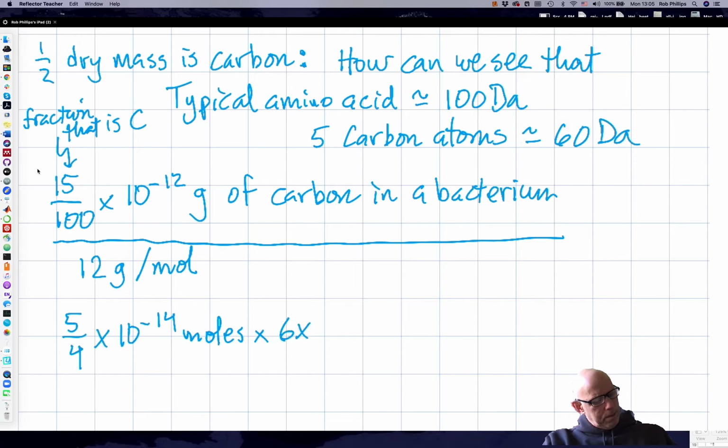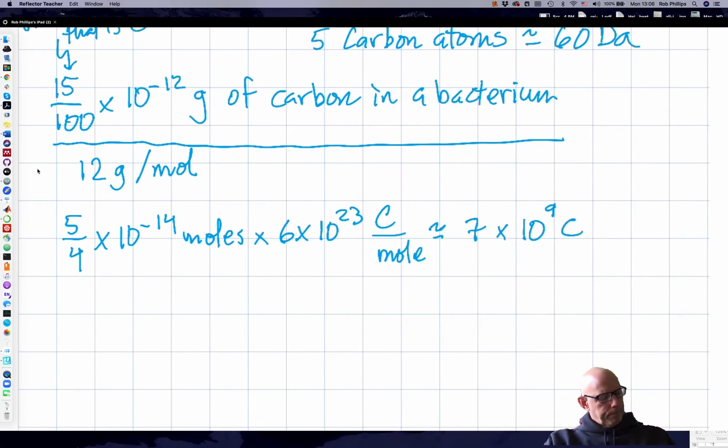times 6 times 10 to the 23 carbons per mole, which yields something like, what does that tell me? Something like 5 times 6 is 30 divided by 4. I'm going to call that 7 times 10 to the 9th carbons.